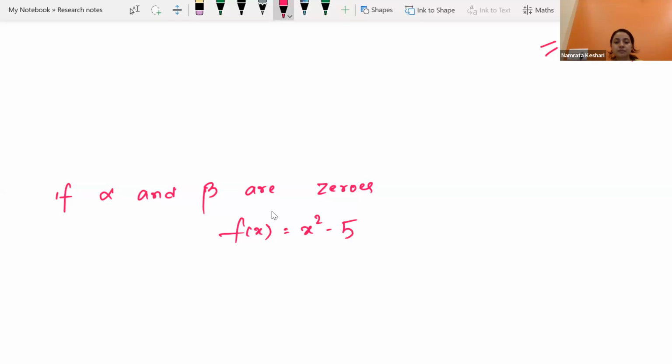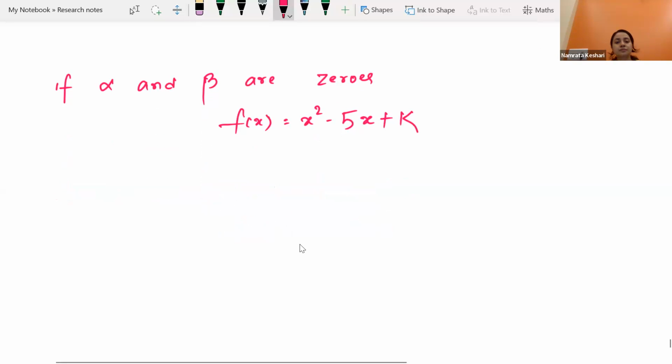If alpha and beta are the zeros of the polynomial f of x equals x square minus 5x plus k, such that alpha minus beta is equal to 1, then find the value of k. Just a moment.